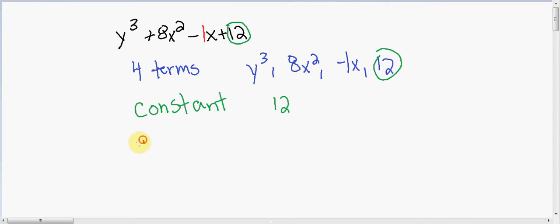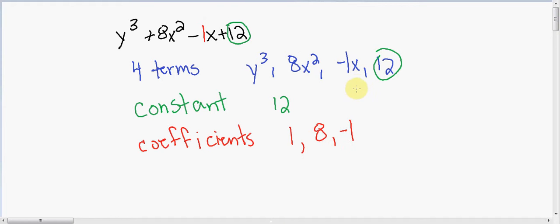So if I wanted to write my coefficients out, make sure I spell this right. There we go. I would have a 1, because there's a 1 in front of that y cubed. I would have an 8, so that's in front of the x squared. And I would have a negative 1, because that's in front of the x. So those are terms, constants, and coefficients.